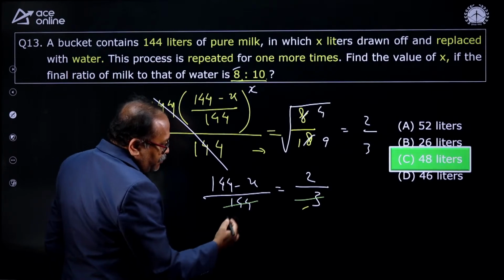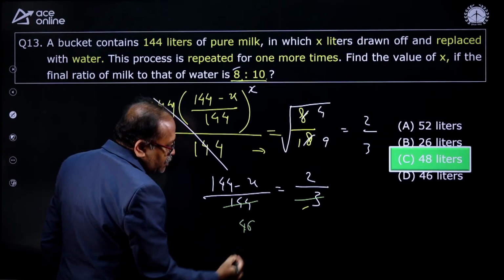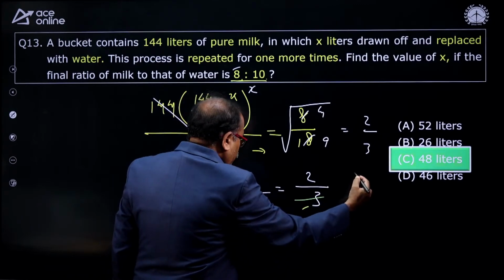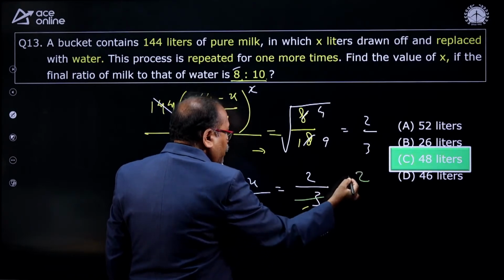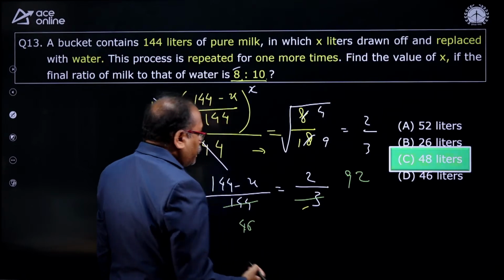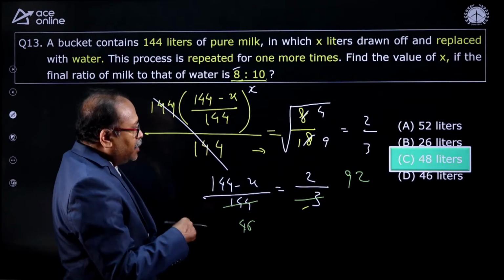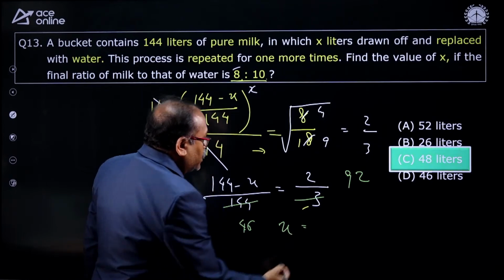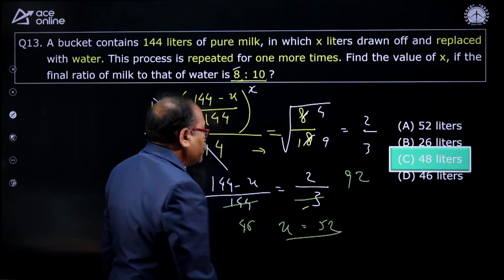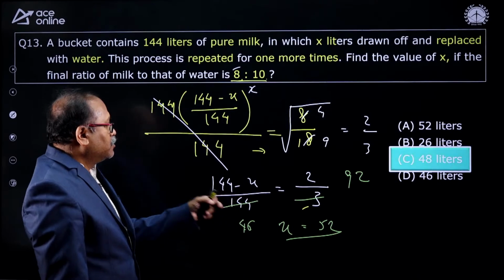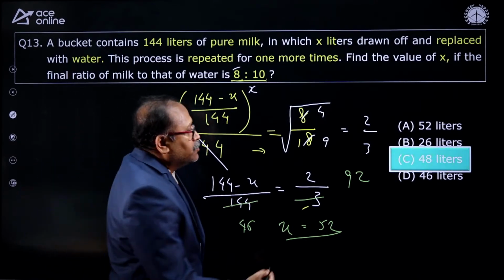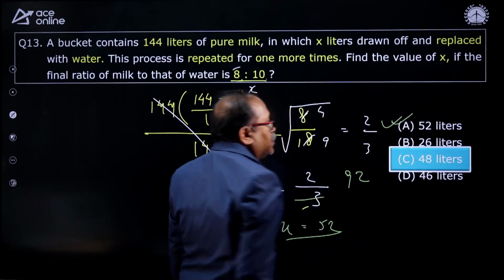So that is with 3 4s are 12 and 3 6s are 24, and when I multiply these two, 2 6s are 12, carry 1, and 8 plus 1 which is 9, and then x is equal to, okay, x is equal to, I notice that it is 52, is it not? Yes, 52. So 52 means option choice A.